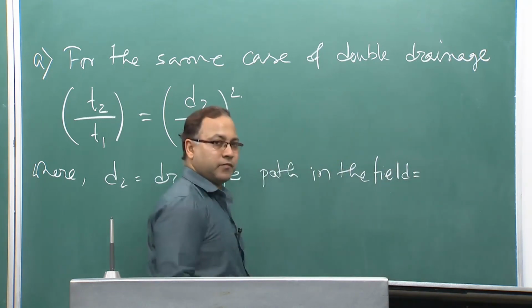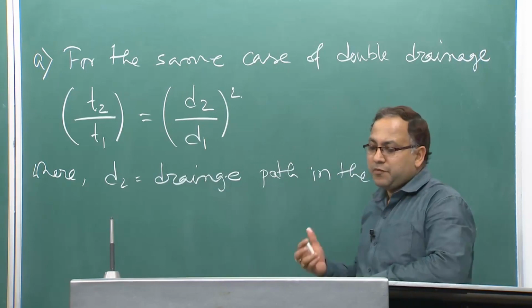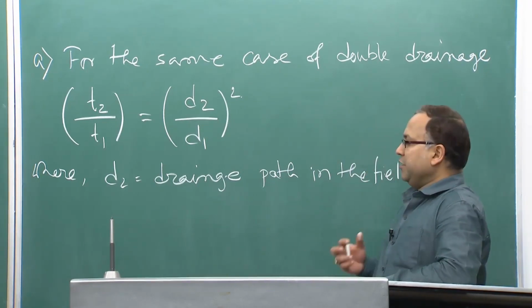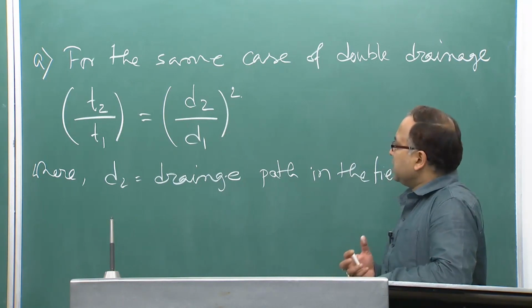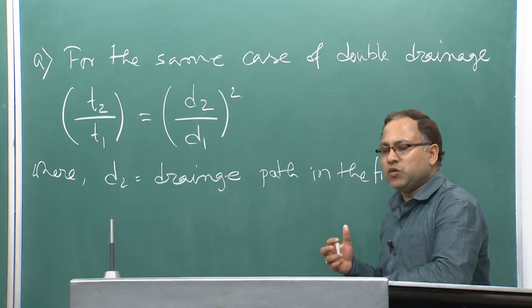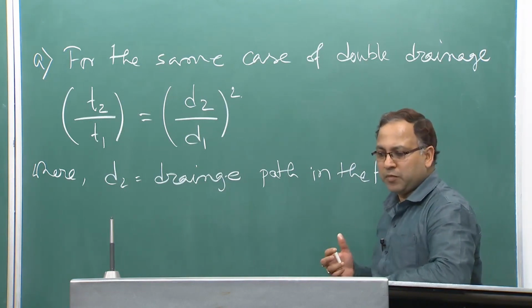Could you please tell me from the problem what will be the drainage path in the field? So, if I say D2 is the drainage path in the field, then what should be the numerical value of D2? I mean from the problem.